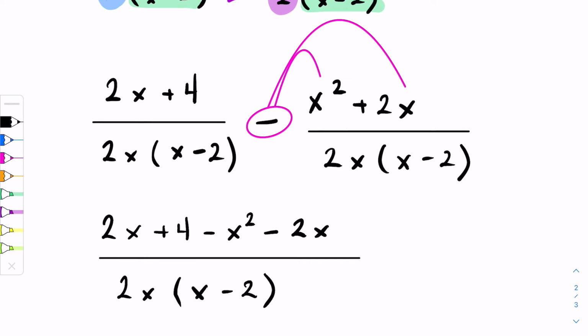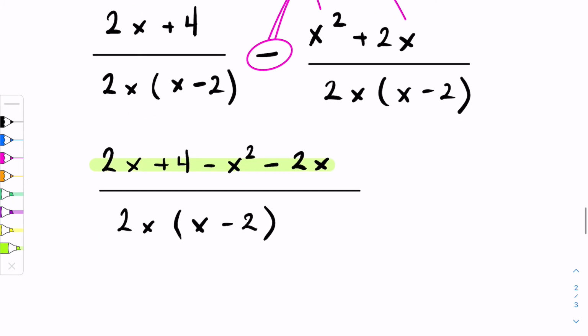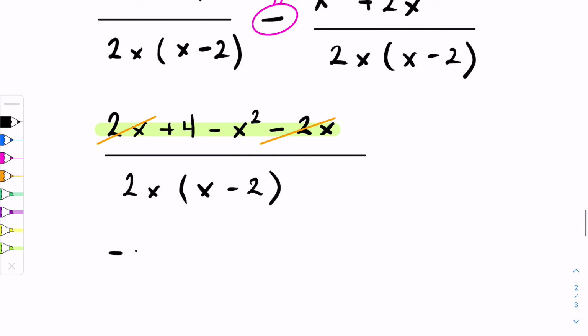At this point, you have to simplify this numerator by combining like terms. 2x and negative 2x will be eliminated. We're left with a numerator of negative x squared plus 4 divided by 2x times x minus 2.